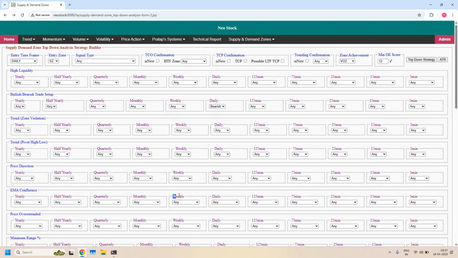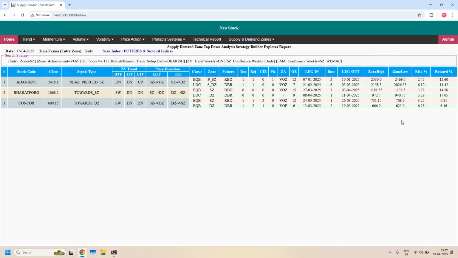EMA confluence, weekly time frame, I'm checking. Weekly supply zone having weekly EMA confluence. At the same time, trend on the weekly should not be sideways. It can be downtrend because it is a bearish trade setup. Now 3 stocks are filtered.